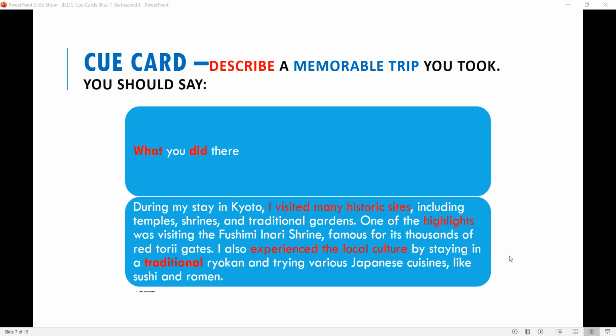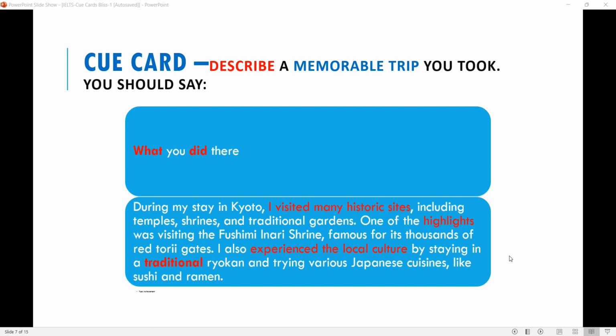Let's go ahead. What did you do there? During my stay in Kyoto, I visited many historic sites, including temples, shrines, and traditional gardens. One of the highlights was visiting the Fushimi Inari Shrine, famous for its thousands of red torii gates.